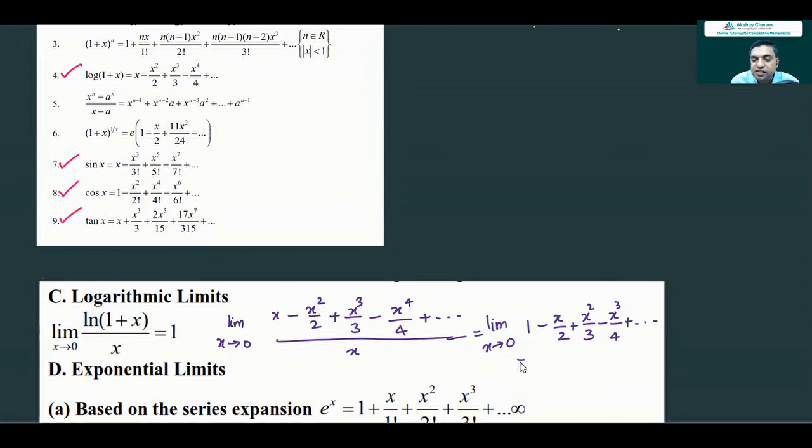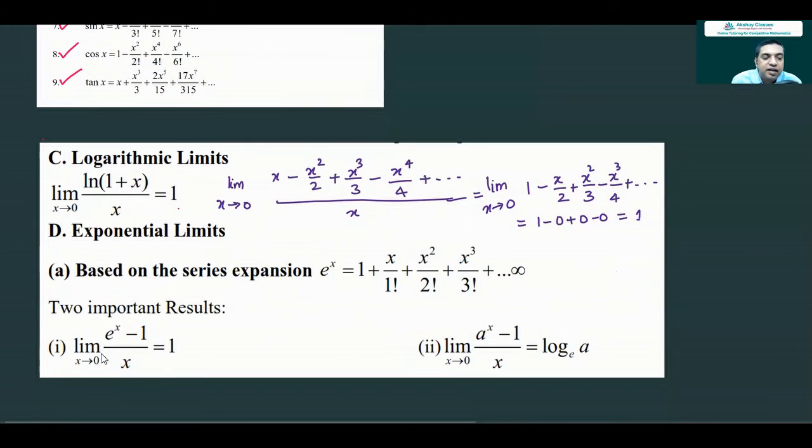Now, as x tends to 0, it will be 1 minus 0 plus 0 minus 0, so on. The value is 1. So remember this limit. This is the standard limit. Log of 1 plus x upon x is equal to 1.